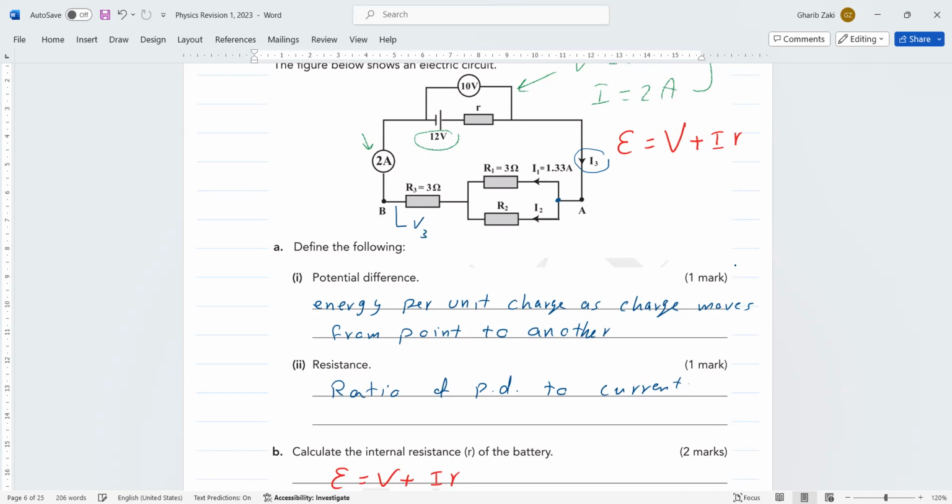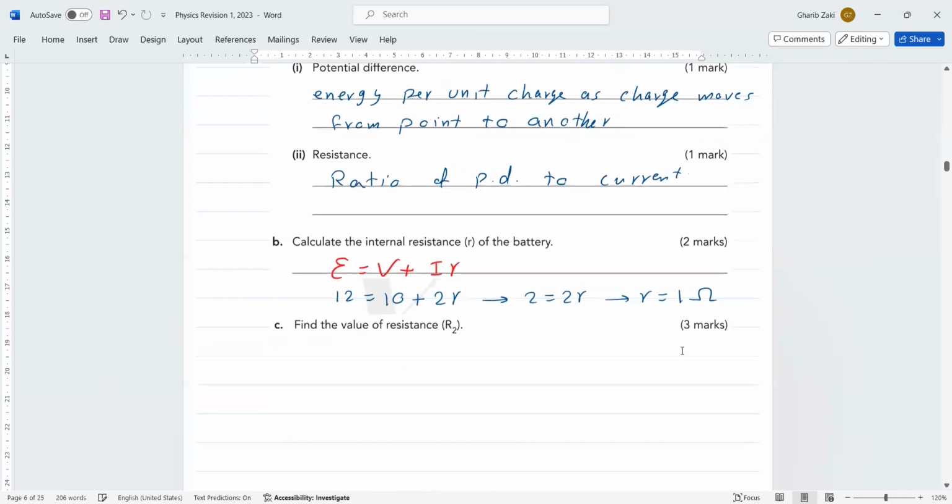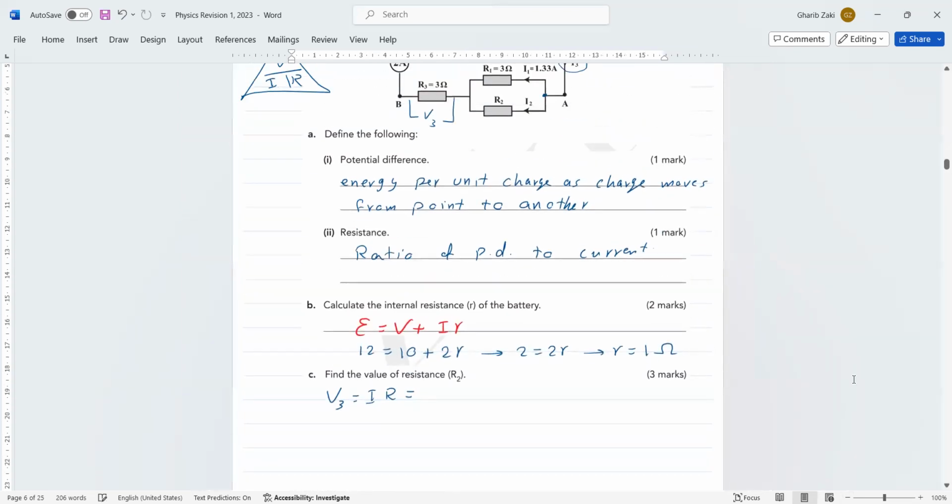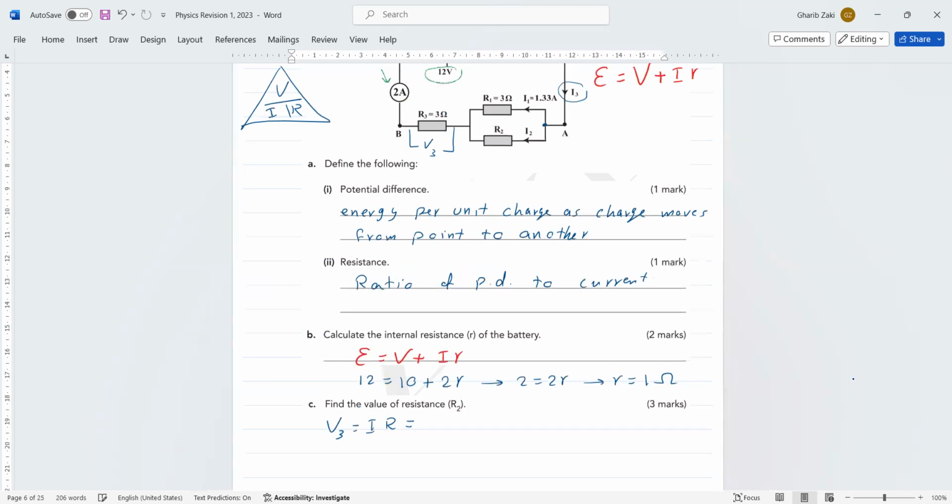To get V3, because you have the current and the resistance, you can get the potential difference across R3 by using Ohm's law. V equals I times R. So V3 equals I times R. What is the current passed through the resistance? Here, the current is 2. The resistance is 3.